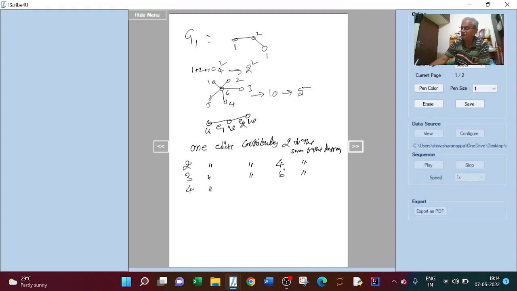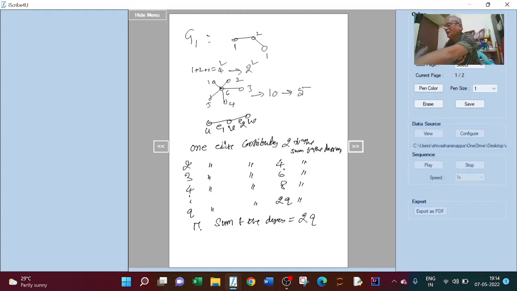Four edges contribute 8 to the sum of the degrees, and in general, say q edges are there, then it contributes twice q to the sum of the degrees. So that is, the sum of the degrees is equal to twice the number of edges.